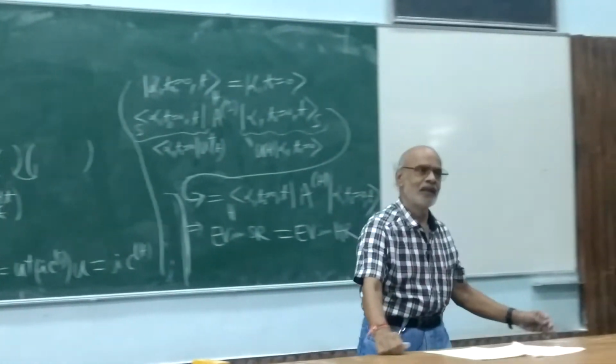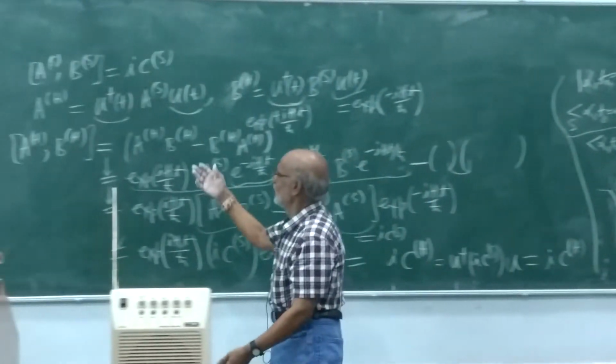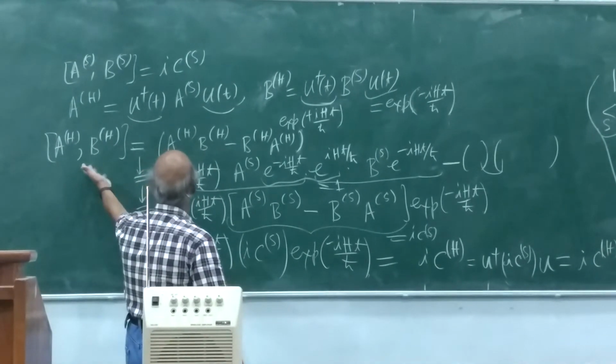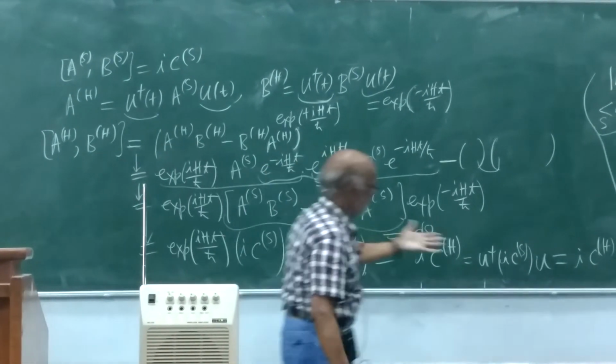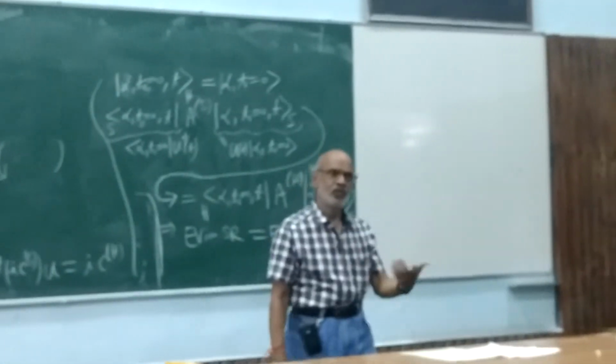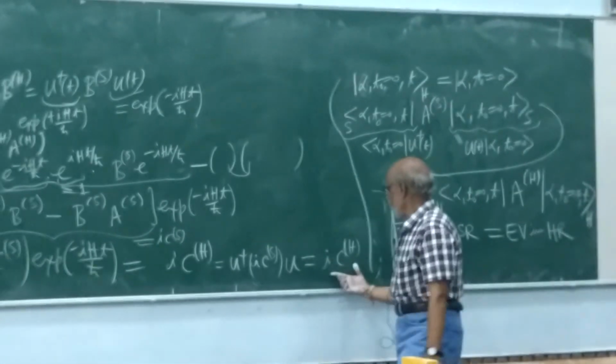Is this alright? So you see the whole quantity A of x, B of x, the commutator gives me back I C of x. Okay. So this is my operator.